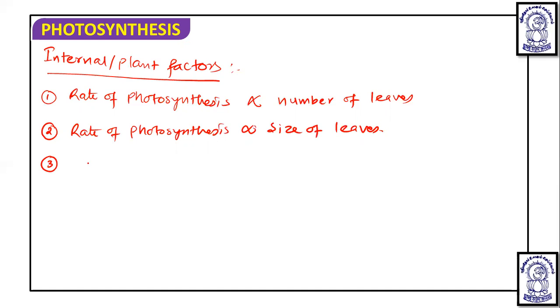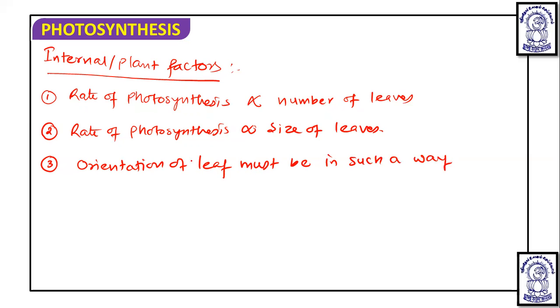The third factor is the orientation of leaf. The orientation of leaf must be in such a way that it favors optimum light absorption.